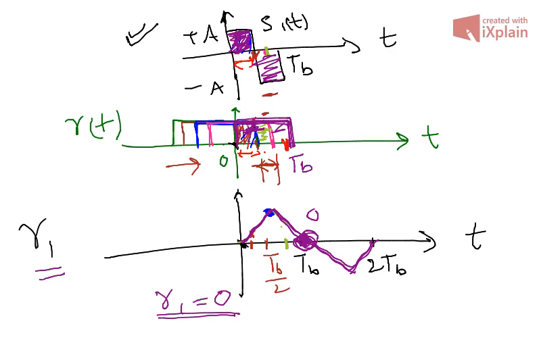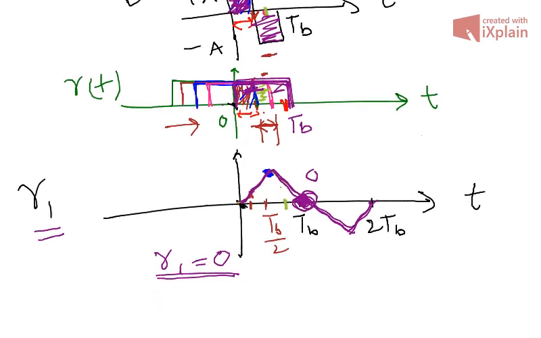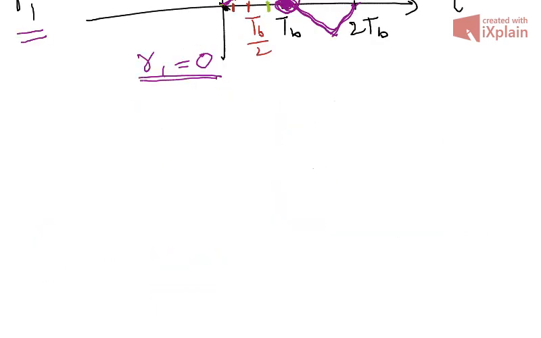While in the upper branch, we have observed that R0 is actually equal to the energy of the signal, and R1 at instant Tb is equal to 0 in the absence of noise.